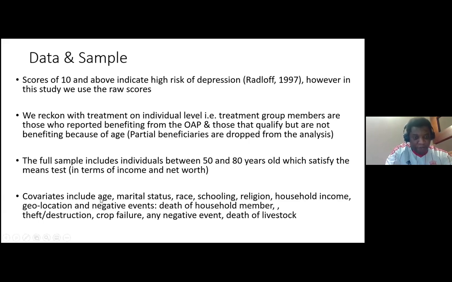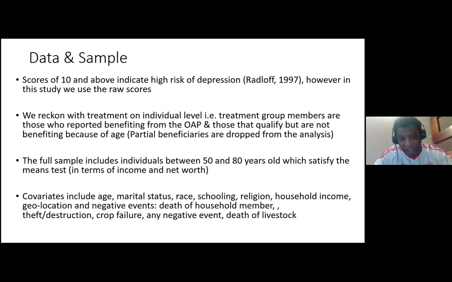So in terms of included covariates, we control for, or maybe I shouldn't have put age here. Age is the running variable, but in the fixed effect regression that I will show you towards the end of the presentation, we actually controlled for age too. So we control for marital status, race, schooling, religion. Household income is controlled for automatically by the means test.